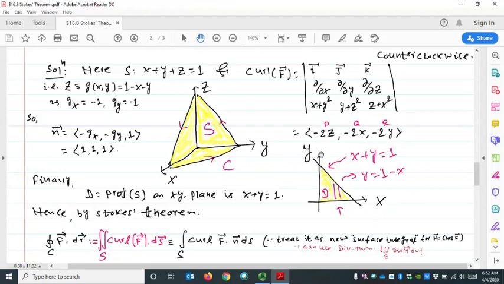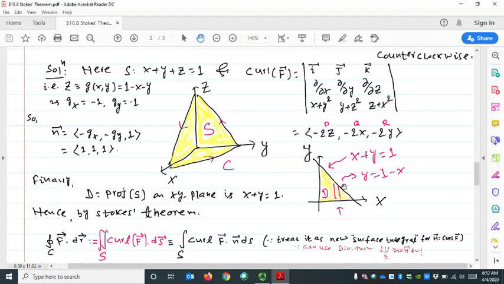And I need the limits of the double integral. So let's project the surface on the xy plane. So simply put z equals 0. This gives x plus y equals 1, which is this line. So this line and the x-axis and the y-axis give us the two-dimensional domain D, or region D. Then let's describe this domain as vertically simple.